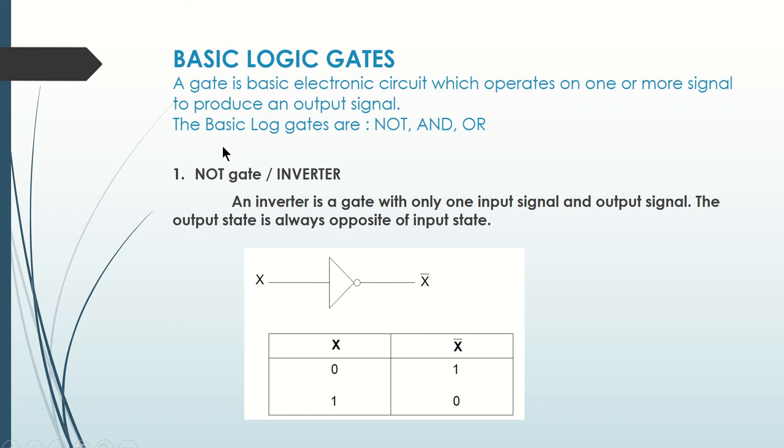So what are the basic logic gates that are available? Those are the NOT gate, the AND gate and then the OR gate. Let us discuss them one by one. The first one is the NOT gate or inverter. We have already discussed the functionality of the NOT operator, so now you are going to understand only the symbolic representation of the same.